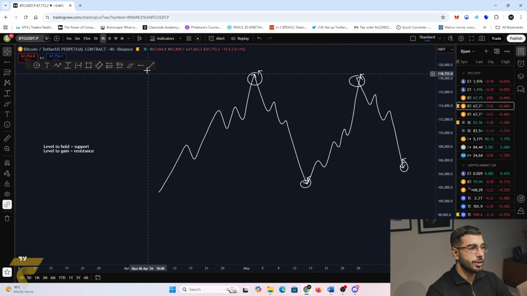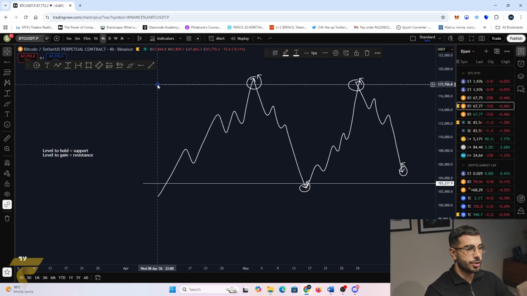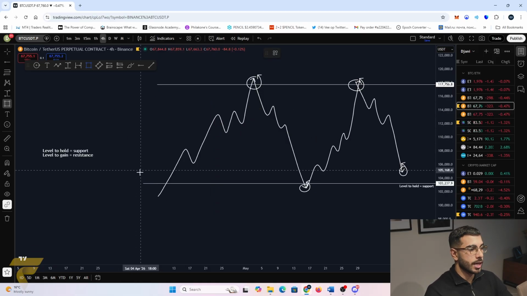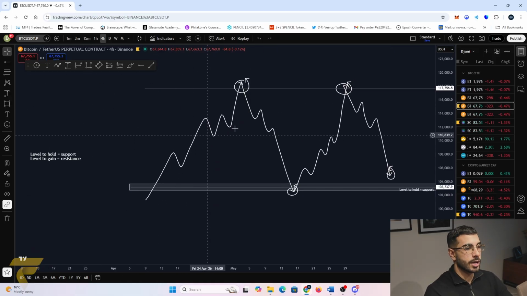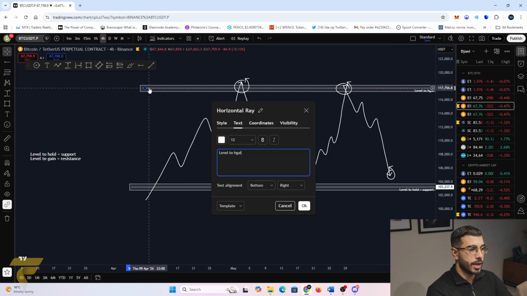Obviously you need to understand that whenever we have two levels, two horizontal lines, the bottom level is a level to hold, which functions as support, as in a potential bottom, every single time price tends to hit it. And the upper line represents the so-called level to gain, which functions as resistance.